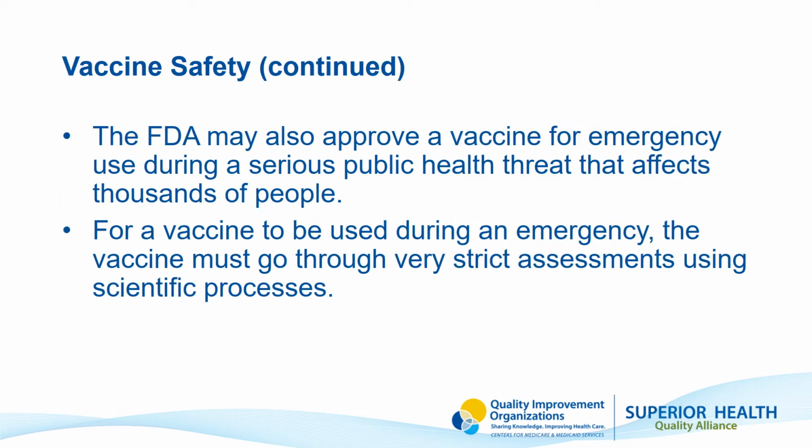Vaccine safety, continued. The Food and Drug Administration may also on occasion approve a vaccine for emergency use during a very serious public health threat that affects thousands of people. In order for a vaccine to be used during an emergency, the vaccine must go through a very strict assessment process using a scientific approach.